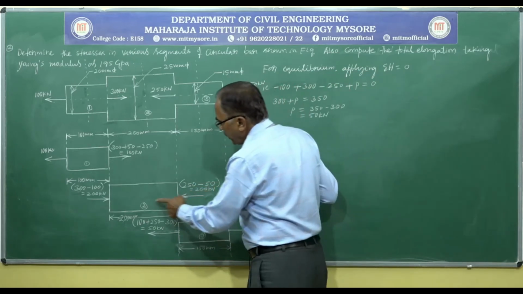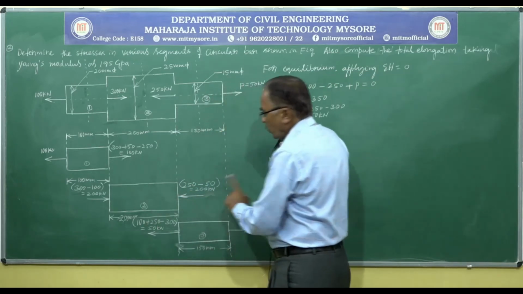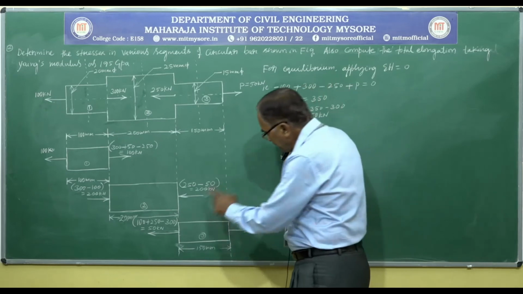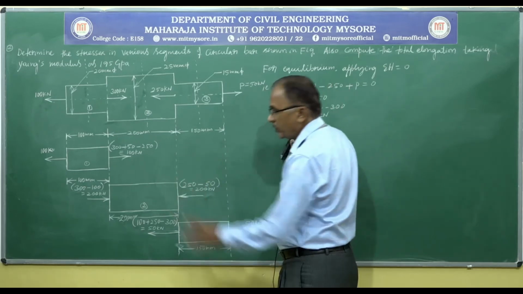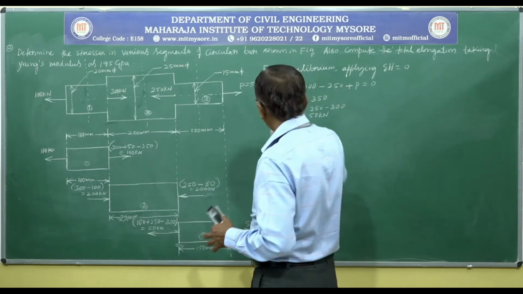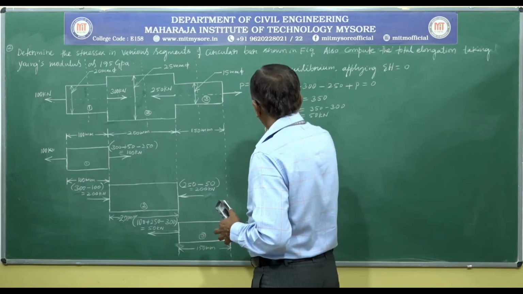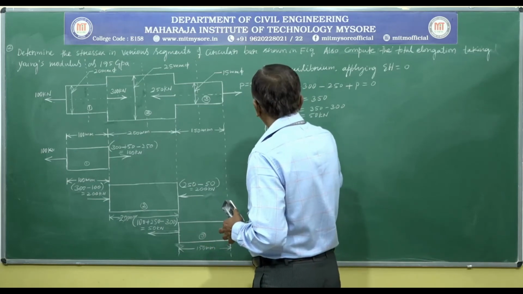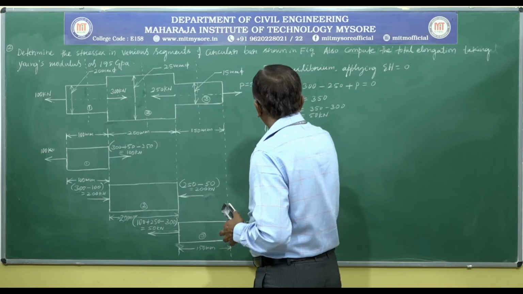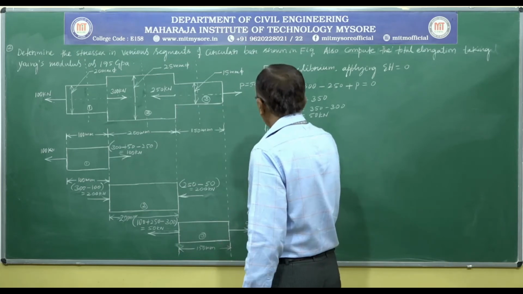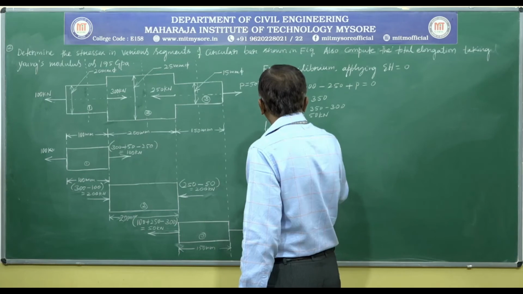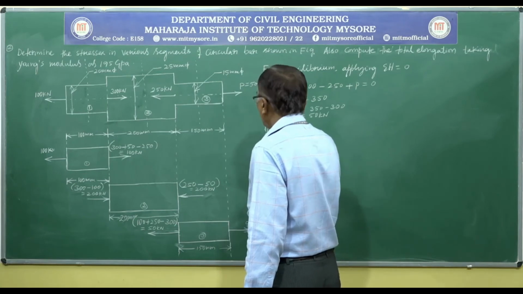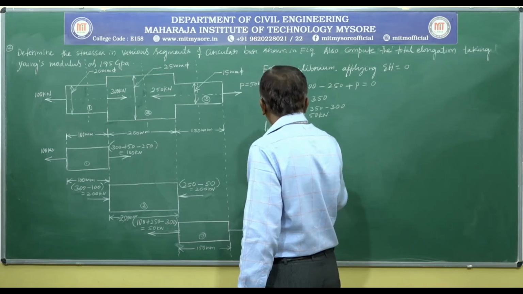Segment 2 is in equilibrium under a compressive load of 200 kilonewton, and segment 3 is in equilibrium under 50 kilonewton tensile load. Now write L1 is equal to 100 millimeter, L2 is equal to 200 millimeter, L3 is equal to 150 millimeter.